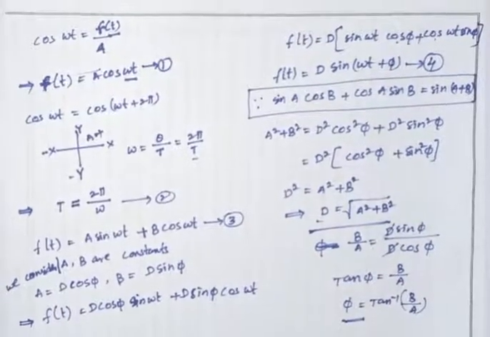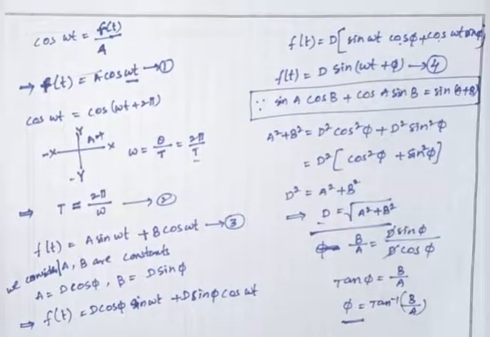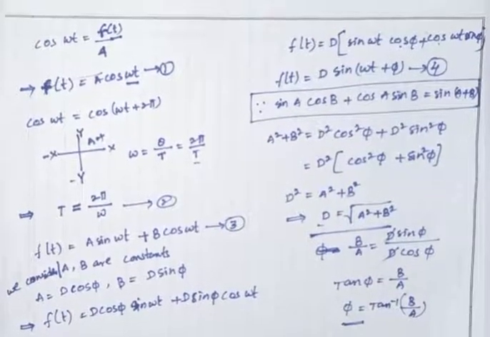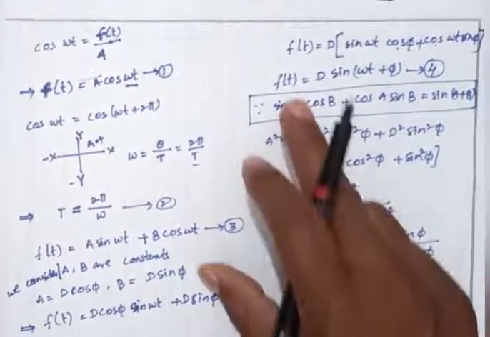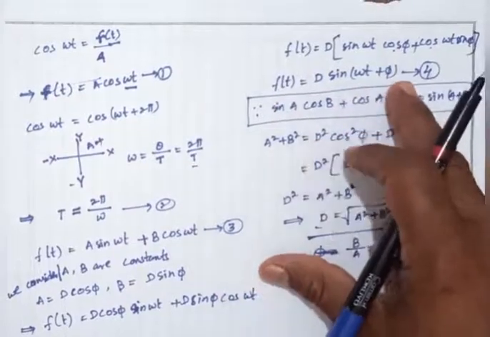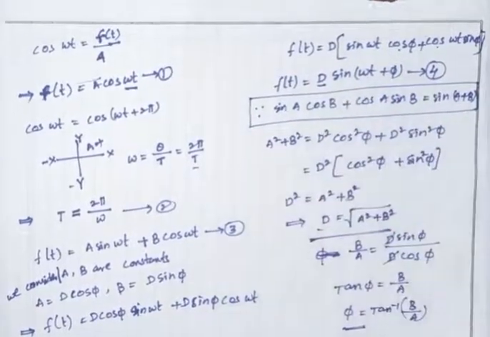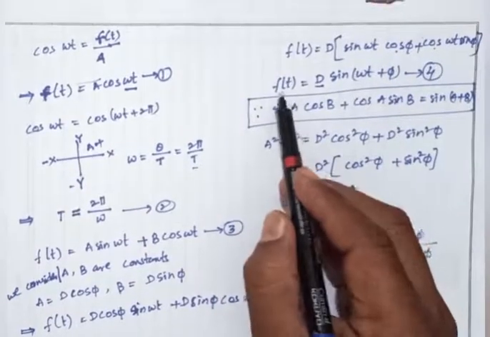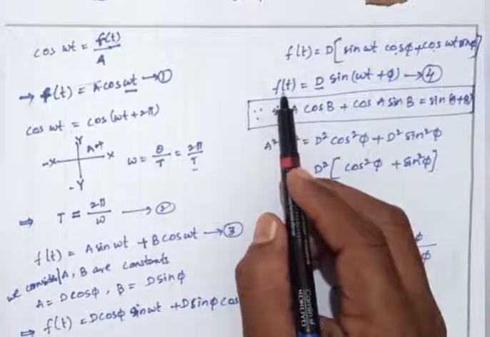So this is the displacement of oscillatory or vibratory motion. The displacement equation is f of t equals d sin of omega t plus phi. D is the maximum displacement and f of t is the function of displacement at a certain time.